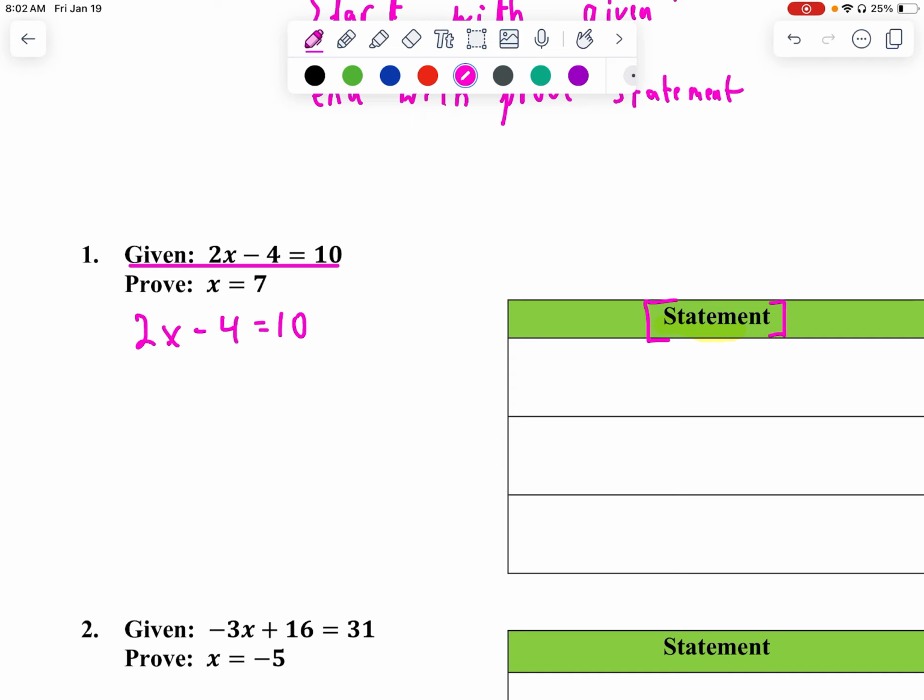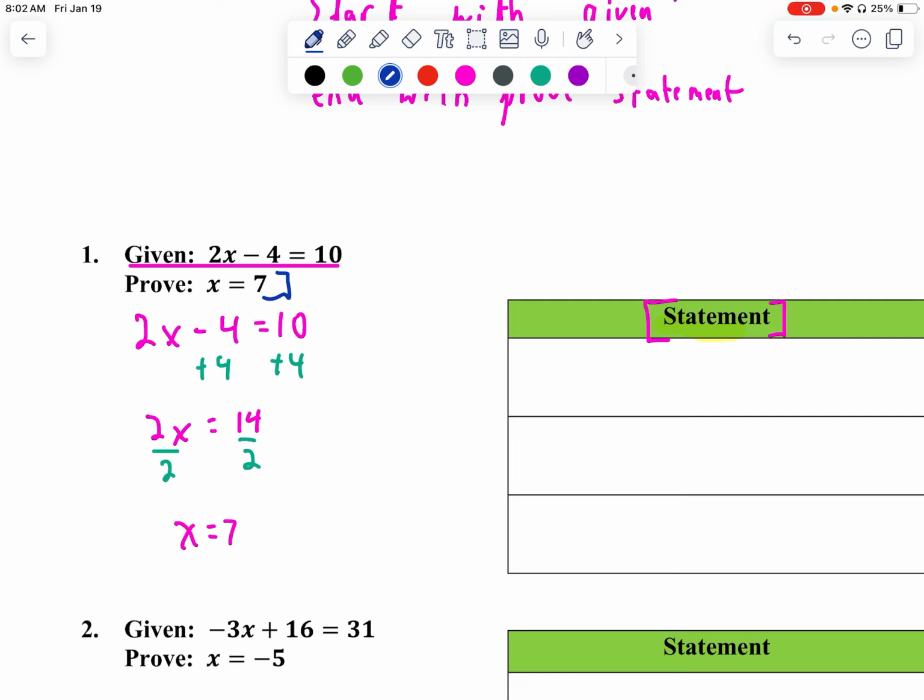So if I have 2x minus 4, and I want to solve for x, it's only going to take us a couple steps. We need to add 4 to both sides to get 2x equals 14, and then divide both sides by 2 to be left with x equals 7. And that's our answer, x equals 7. And if we look up here at our proof statement, look at that, boom, x equals 7. That's exactly what we were trying to get.